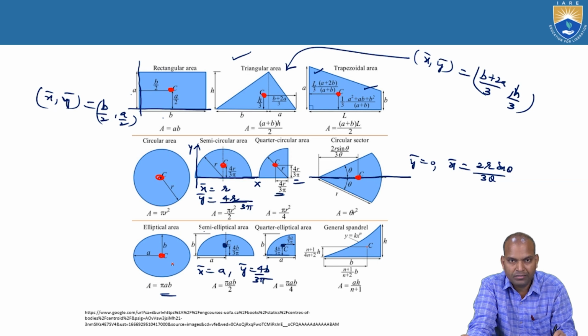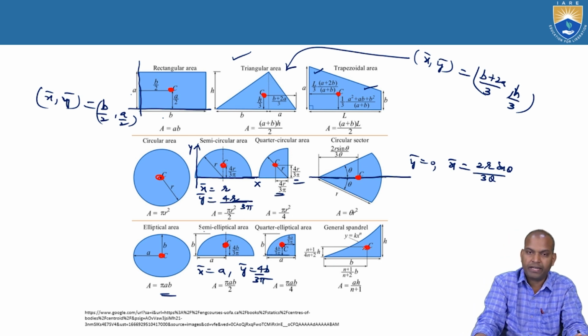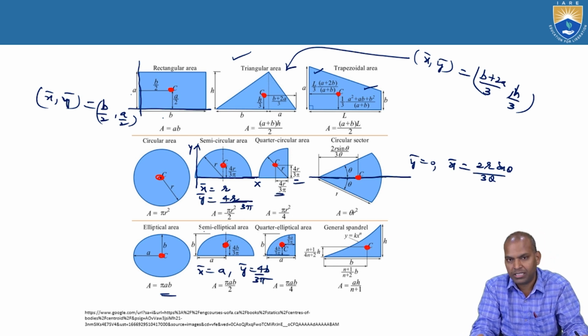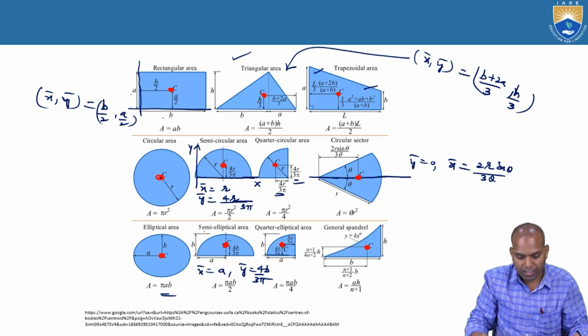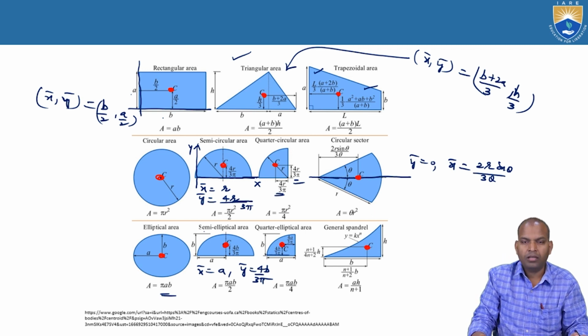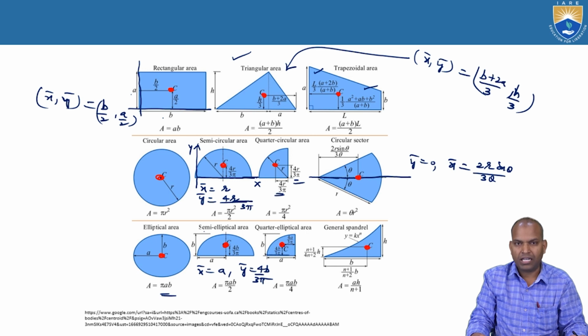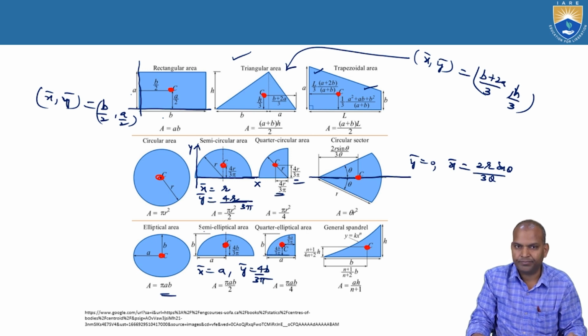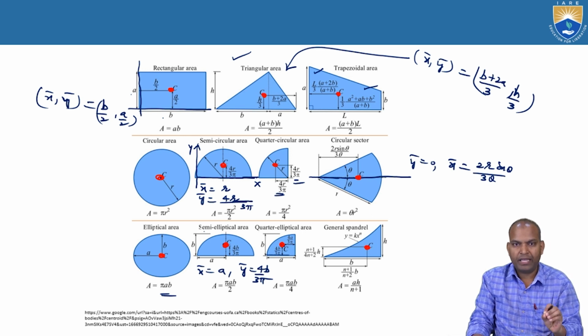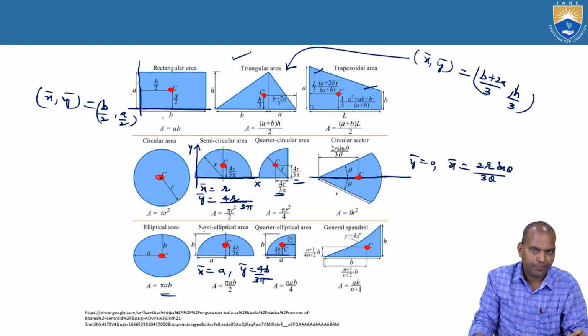For the elliptical, semi-elliptical and quarter elliptical areas, and finally the general spandrel, that is the centroidal distance. So there are a total of 11 cross sections and centroids we have observed. These are the simple plane figures' centroidal distances.